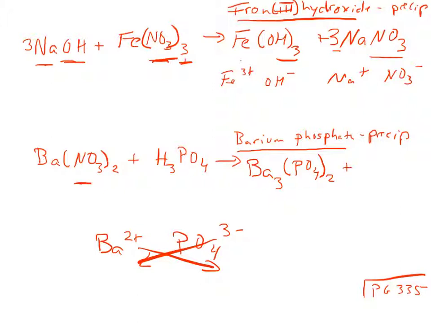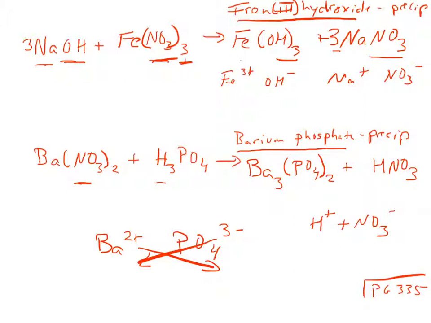We've got some nitrates we haven't used, and we've got some hydrogen. So we'll put that together. Hydrogen is plus 1, nitrate minus 1. Looks like HNO3. So, must get some nitric acid there.